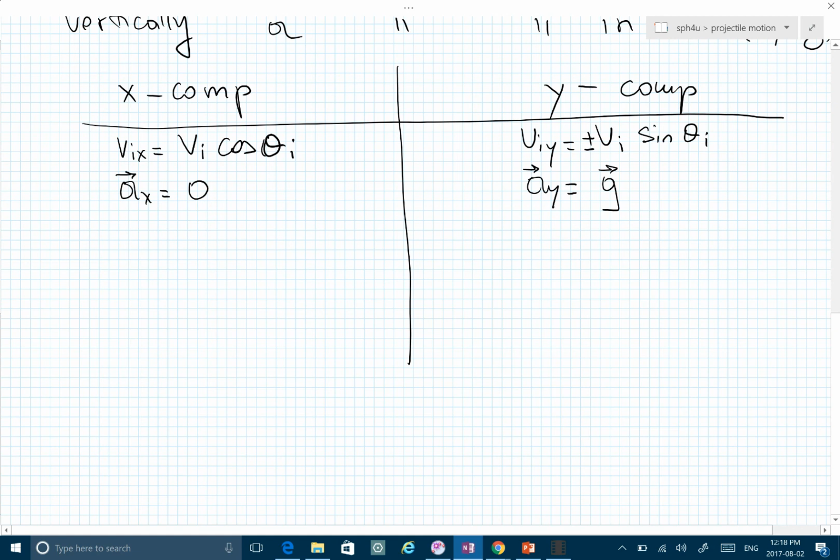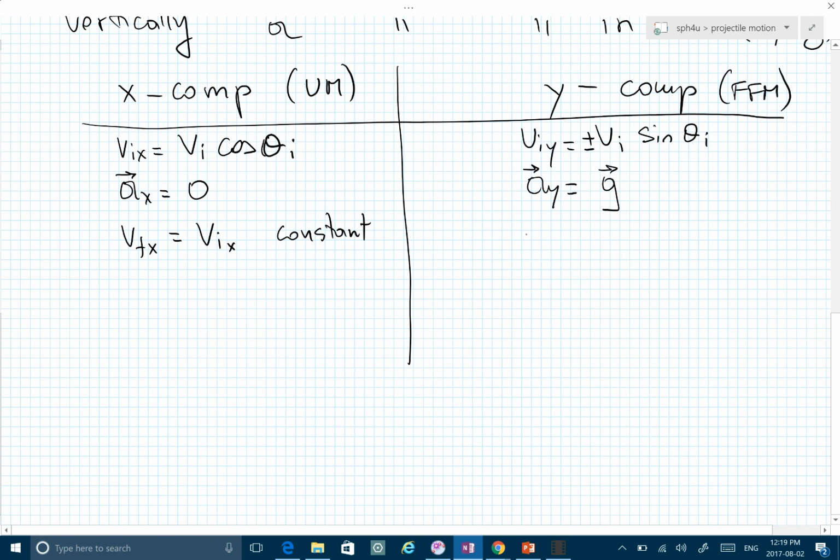Whatever g is. What else do we have? Now we have Vfx, the x component of velocity, which never changes, right? So it's equal to Vix. Remember, it is constant. I'm going to write here, this is uniform motion. This is a free falling motion.